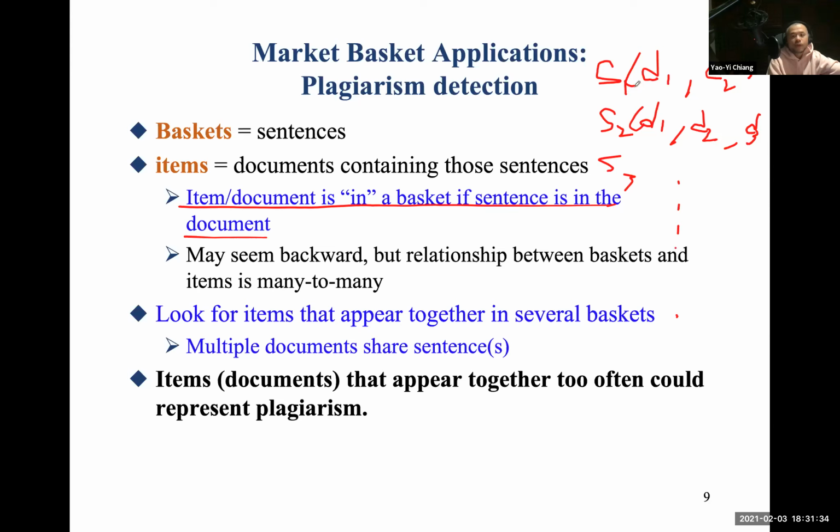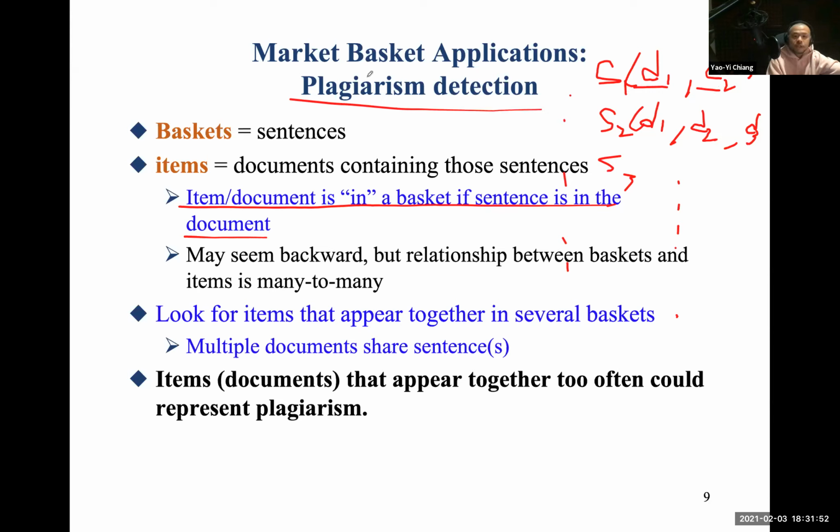So if two documents appear together in many sentences, what does it mean? Well, it means these two documents share many of the same sentences, right? So that's your plagiarism detection results.